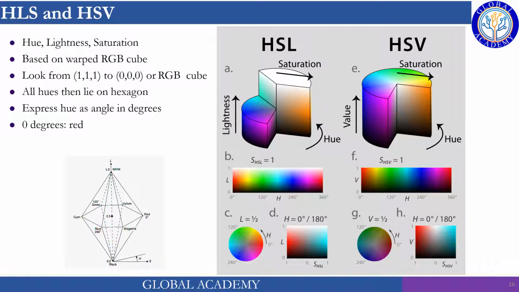But the difference is that white color is mapped in the center, not at the top, as in the case of HSL. In HSL, white color is mapped on the top and black color is mapped on the bottom of this cylinder, whereas in HSV we have white color in the center, so a brighter shade of the color is available with a smaller value of saturation, and a darker shade of the same color is available with a higher value of saturation.